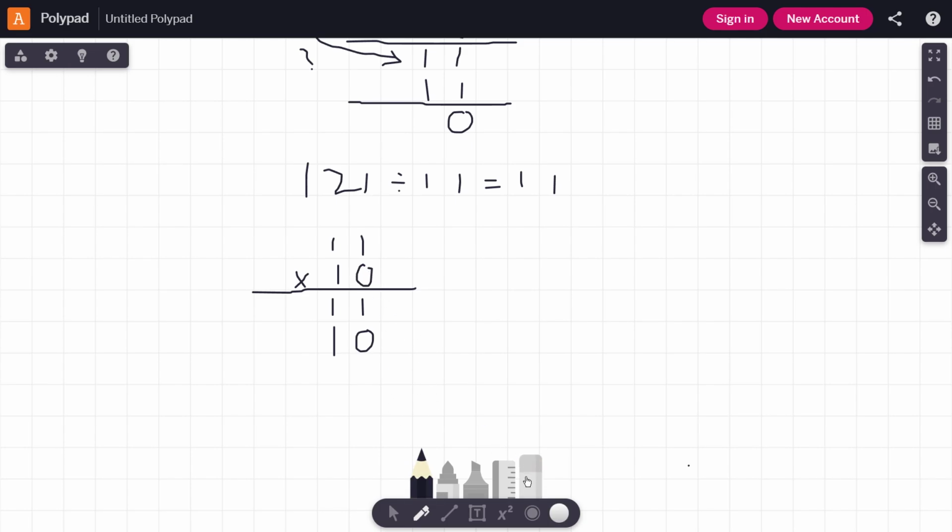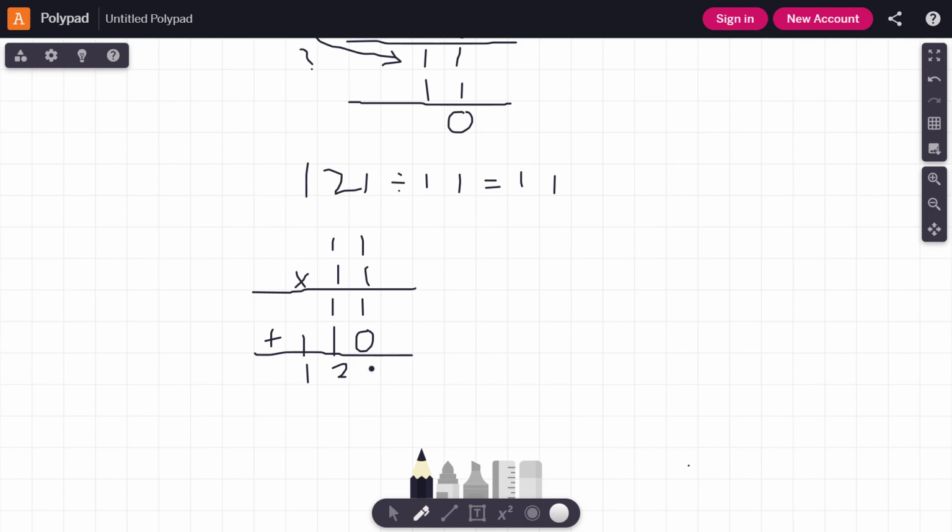You're basically multiplying 11 by 10, not by 1. That's the reason we need a 0 there. And also here's a 1. Then you draw a line, and then you need the sum, and then boom, you're done.